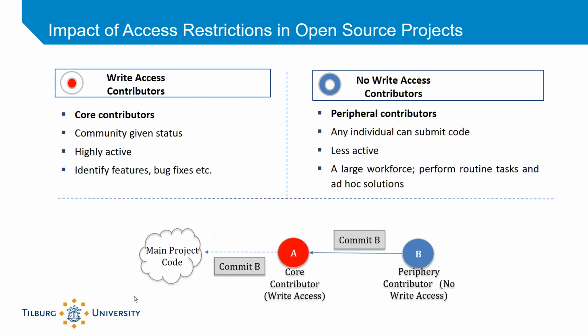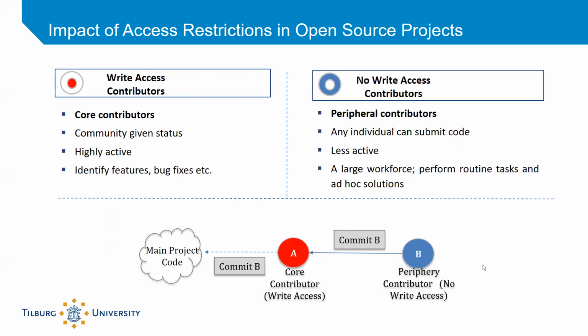Now, when you say open source software, you think that everything is open. In fact, the first word of open source software is open. But why do these restrictions exist? Why should we not be able to write directly to the main project code? So you have this interesting question. On the one hand, you would assume that the open source community favors openness to the largest extent.